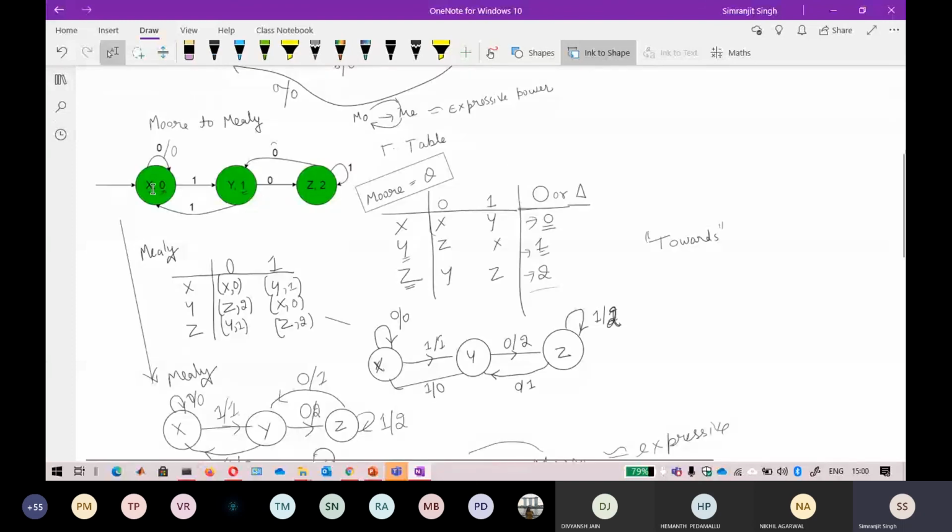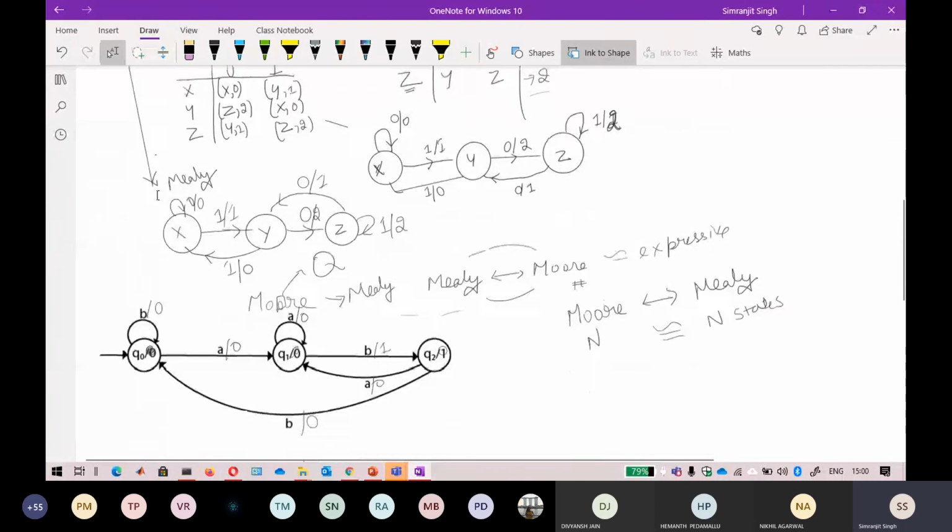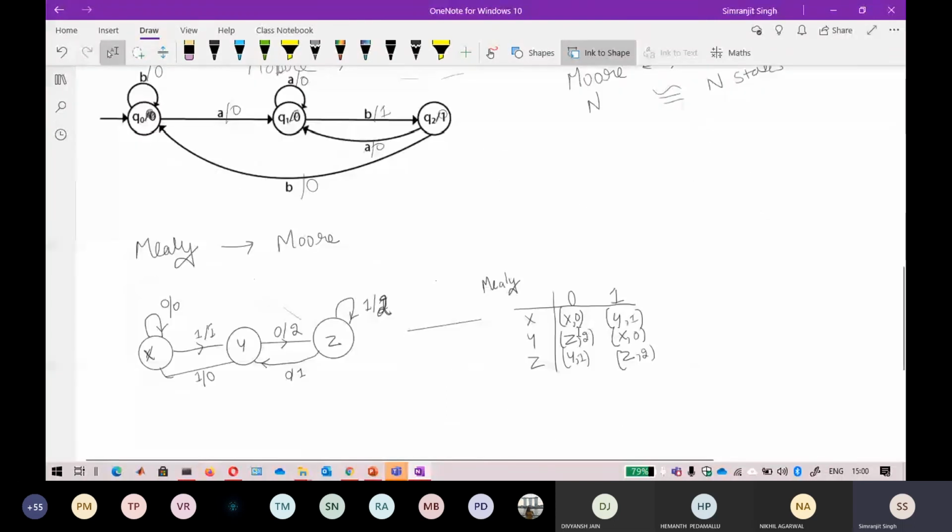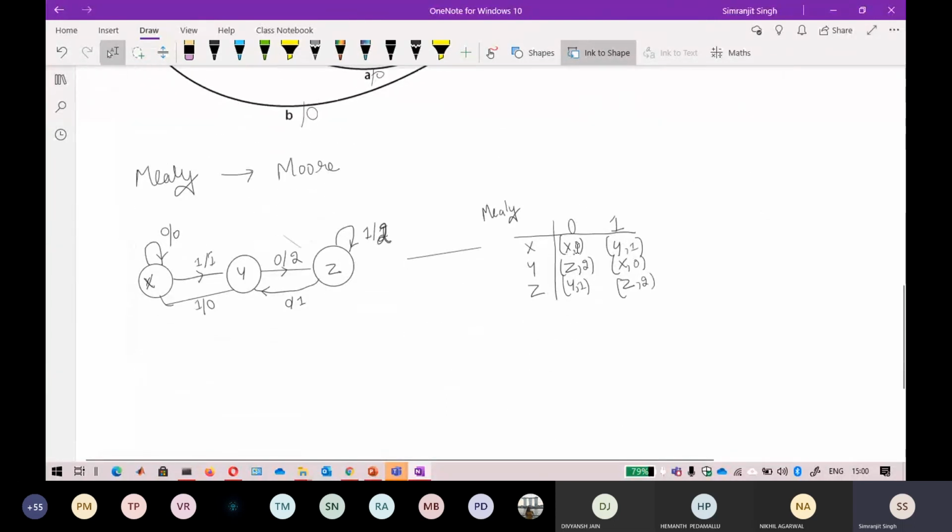If the output is placed alongside the state in a transition diagram, that is your Moore machine. If the output is placed alongside the state in the transition table, that is your Mealy machine. There is a difference between the two. The table and the diagram say completely different things. Don't confuse this with a Moore transition table.